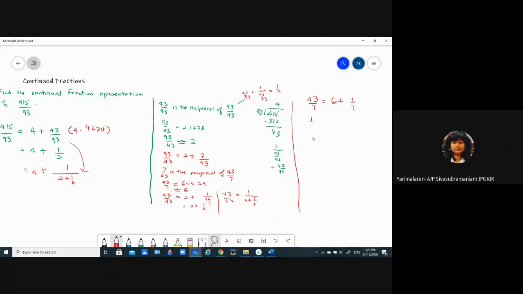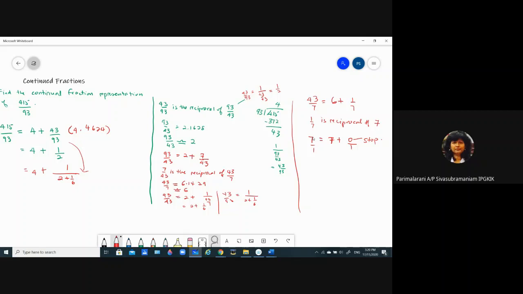And we know that 1 over 7 is the reciprocal of 7, and 7 is equal to 7 plus 0 over 1. So when we reach 0 here, we can stop. We know that 43 over 7 is 6 plus 1 over 7.